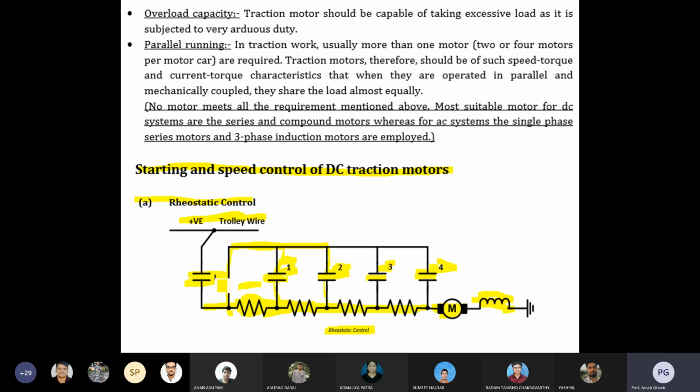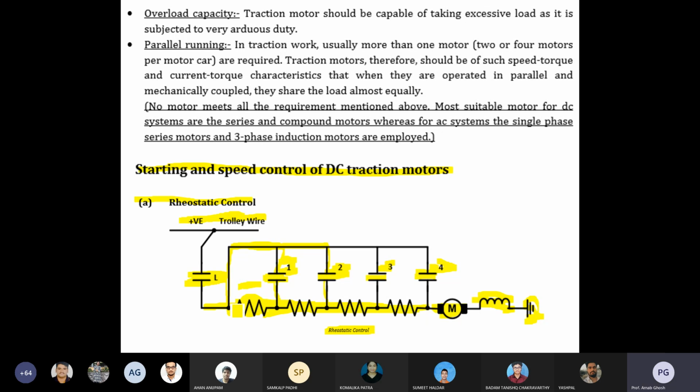Then the additional energy will be dissipated through the resistance. The return path will be directly connected to the ground, so the additional energy is dissipated through the resistance.